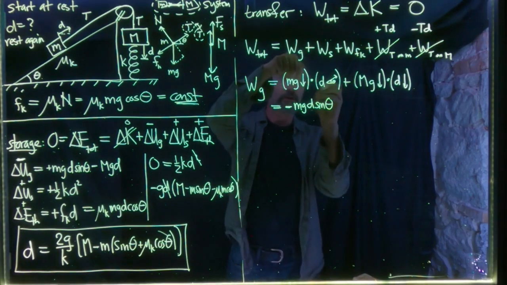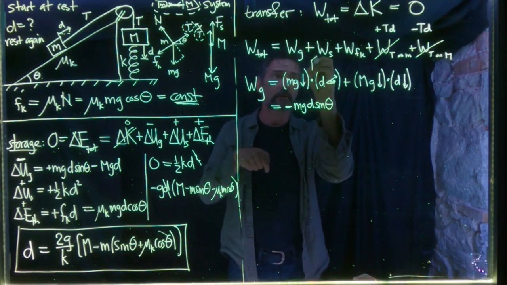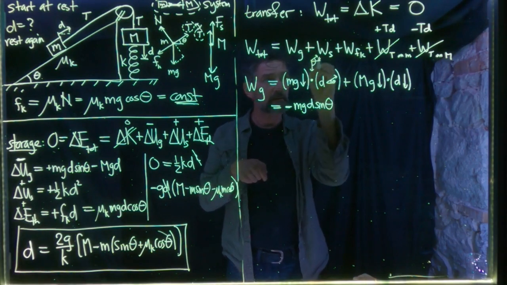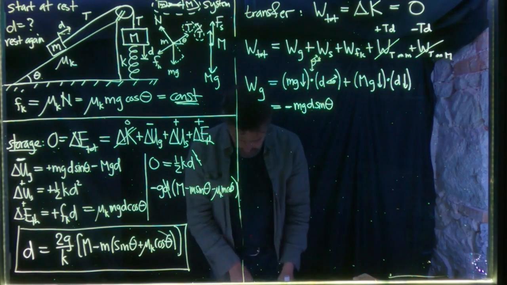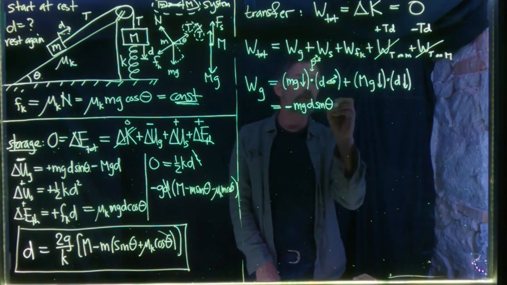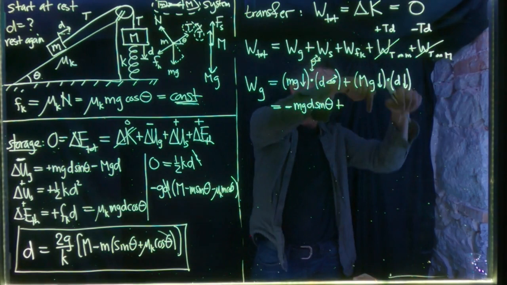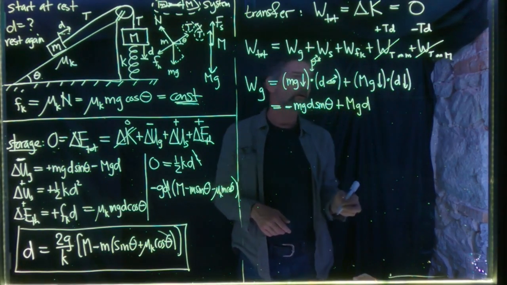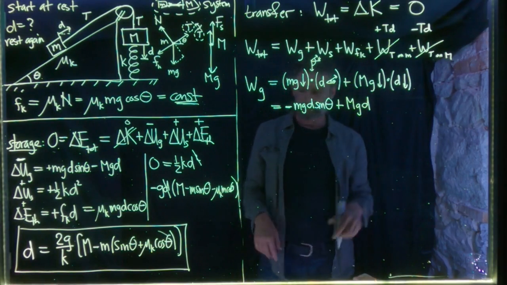It's really cosine of this full angle, which is the same as sine of this angle theta here. Okay? So I think I have that right. Sine theta, that's right. And then this one is going to be positive. They're both in the same direction. It'll be positive big M G D, and that's it.